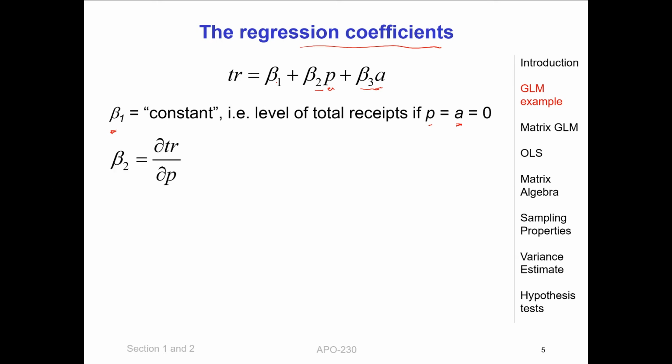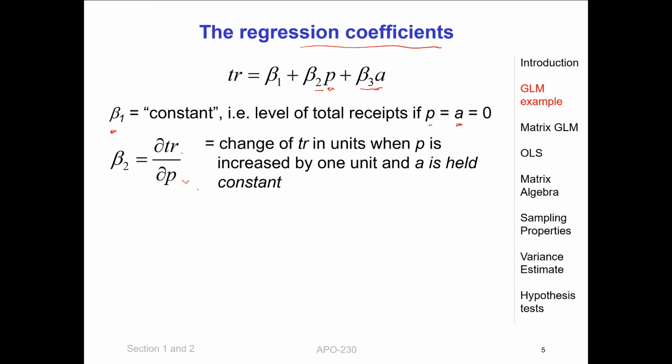And then you have beta 2. You know that from micro already, right? That is the slope of the price. If you plot the total receipts against the price, this will be the slope of the line, right? So it's the derivative of the total receipts with respect to price.